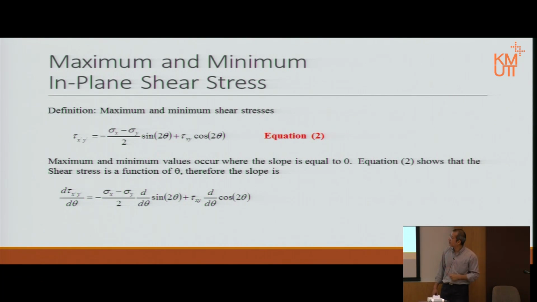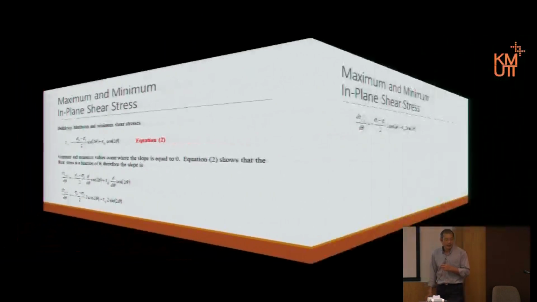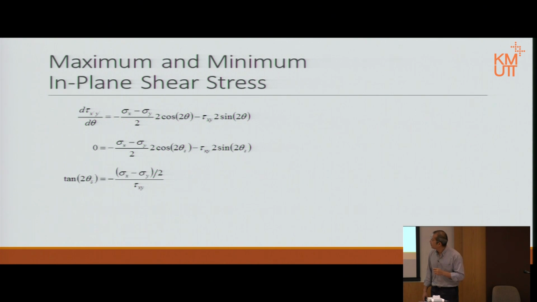Since it's rotating with theta, we differentiate it with respect to theta. And with the same argument, we can do the term and then differentiate it. This differentiation actually gives us the slope. And of course, it becomes maximum or minimum when the slope is 0. And of course, the same idea as last time, we solve it through the tangent idea.